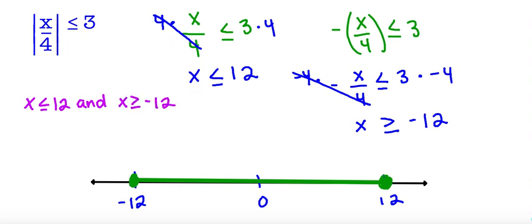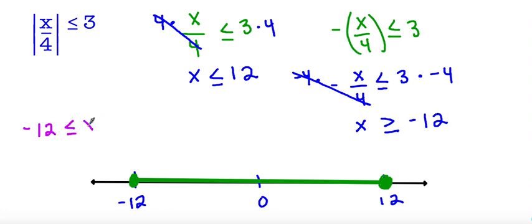A better way to do it is to write one inequality to include everything. -12 is the minimum, and that's less than or equal to x, which is less than or equal to 12. -12 is included because of the equal sign. x is everything in between, and 12 is the maximum.